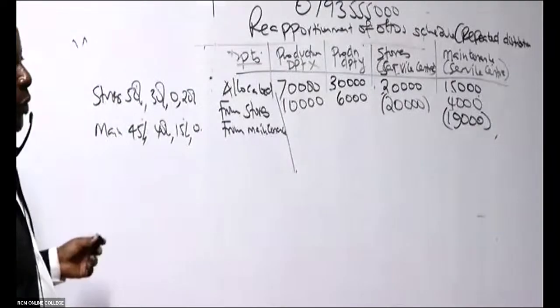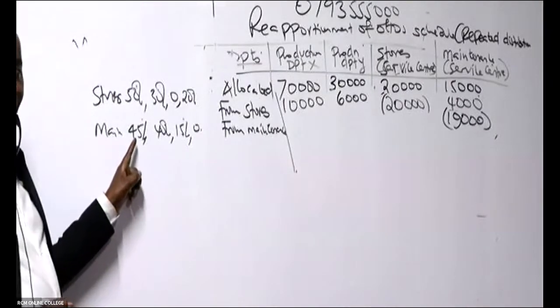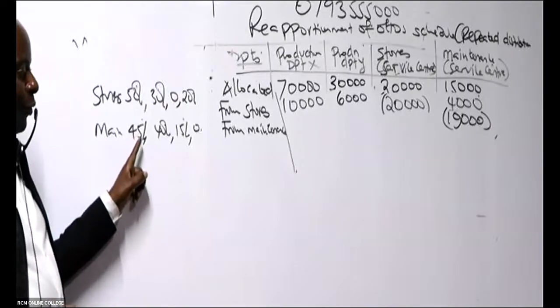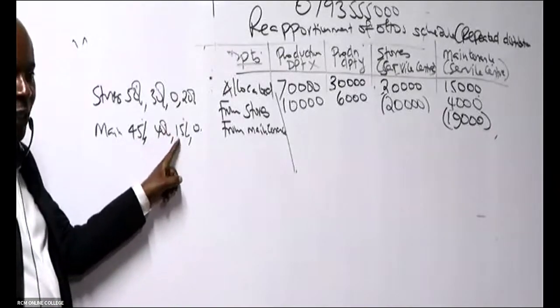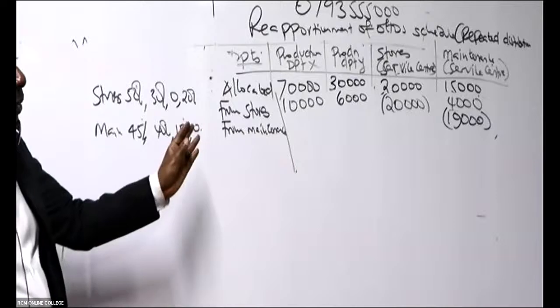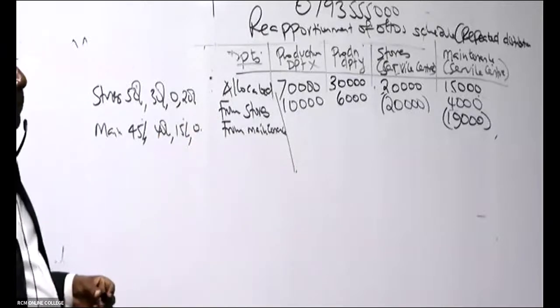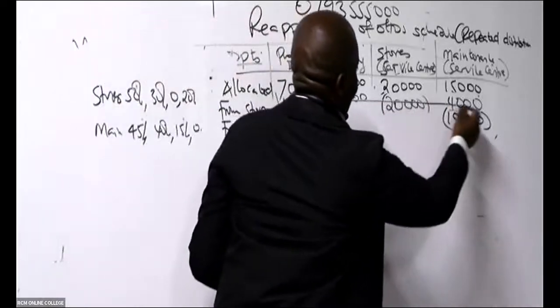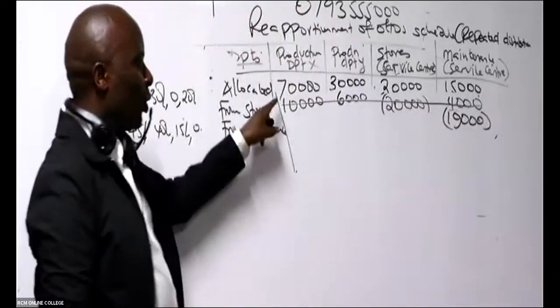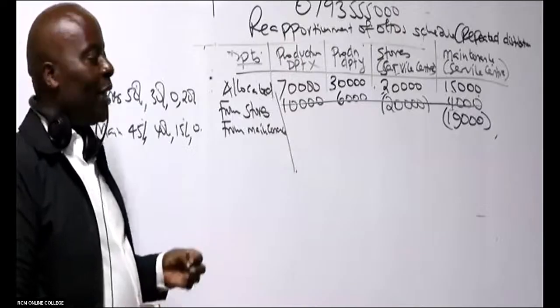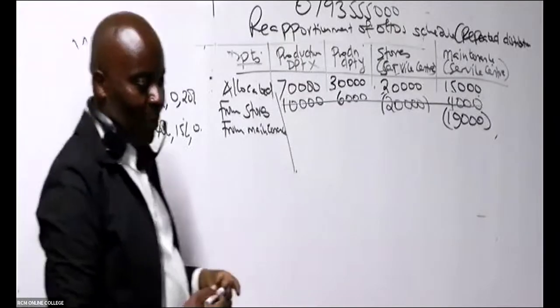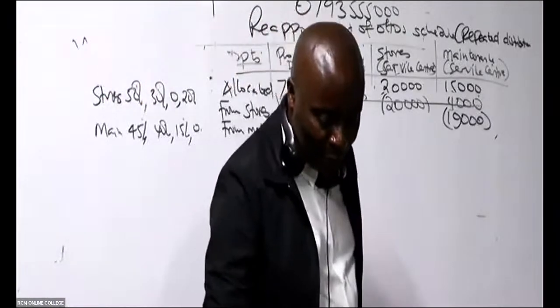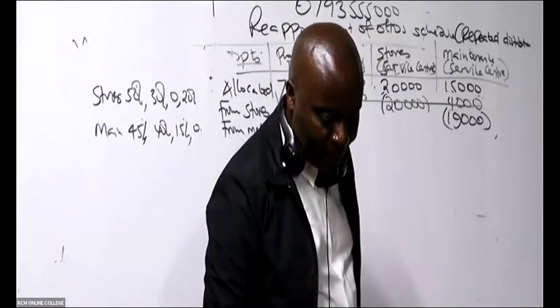Which percentages are we using? Do you know the percentages from maintenance? 45, 40, and 15. Can you do that very fast? And remember, this is supposed to be a straight line, only that my handwriting is very poor. So 19,000 times 0.45. Let me check what my online guys are saying.